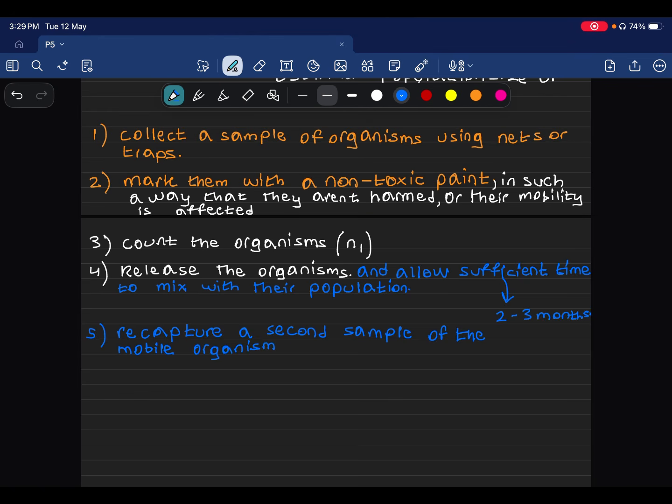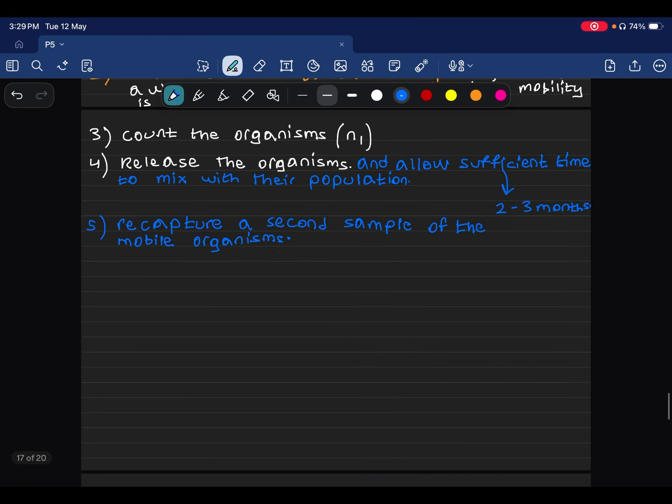So when you catch all of these, now you look at their body. Do they have the paint on them or do they not? If they don't have the paint on them, they were caught for the first time. If they do, they're caught for the second time. Okay, this second sample in total is called N2.